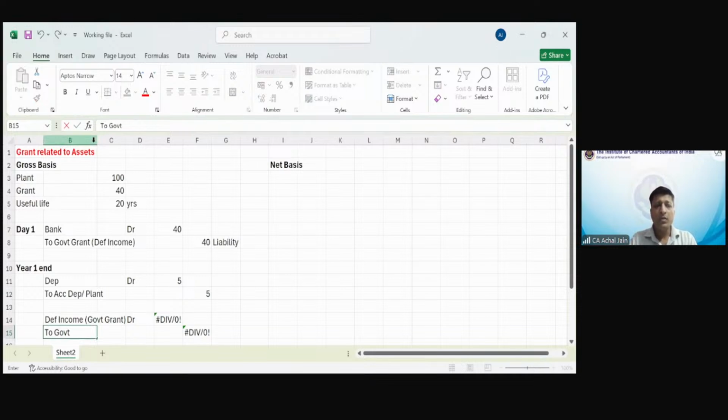To government grant income. And if you amortize 40 crore over 20 years, what do you get? 2 crore. Correct? So in the P&L, in the first year, there will be a charge of depreciation and there will be an income.